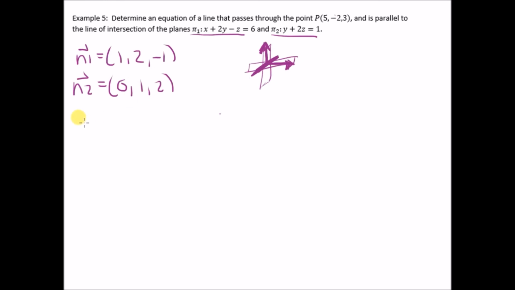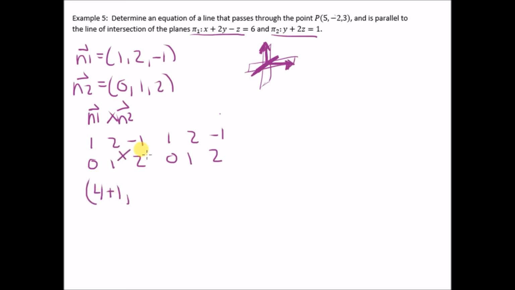So we can go ahead and dot this, or sorry, cross it. So we're going to have n1 cross n2. 1, 2, negative 1, 0, 1, 2. So we're going to go 4 minus negative 1, comma, 0 minus 2, 1 minus 0.